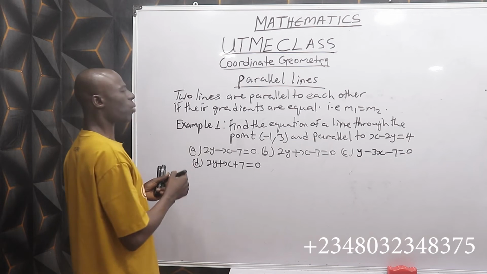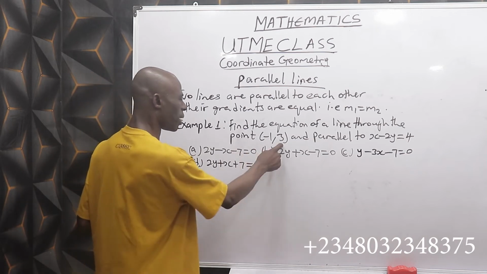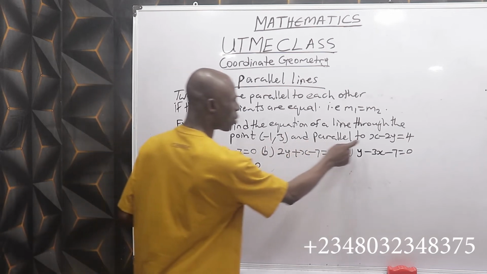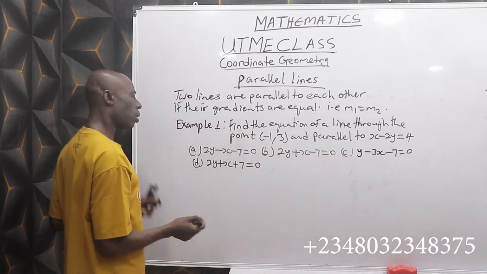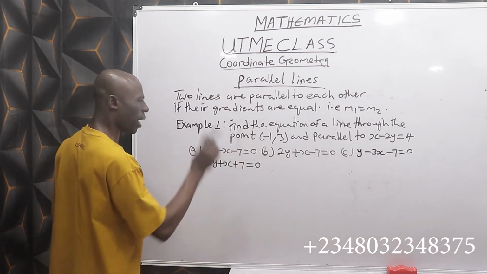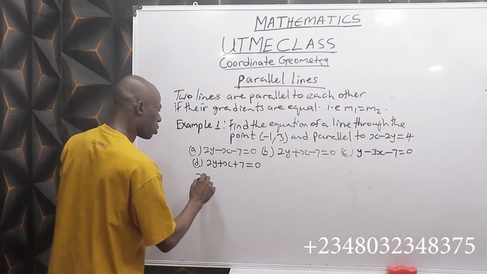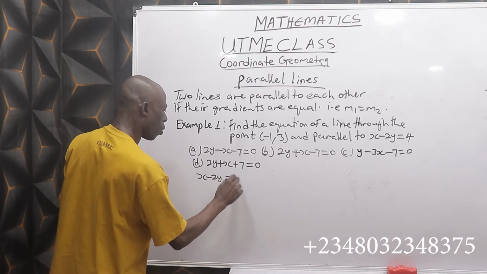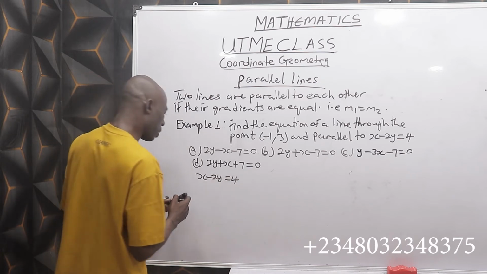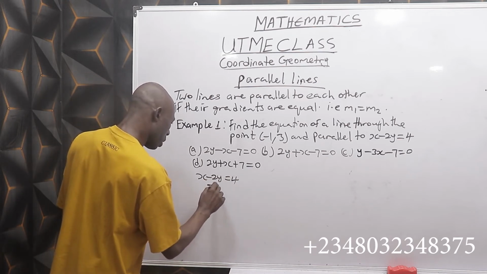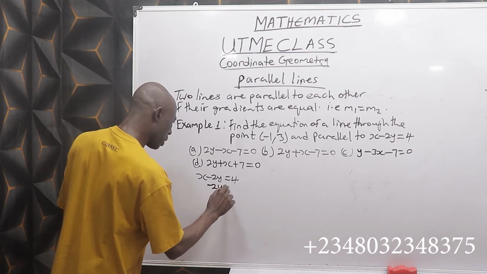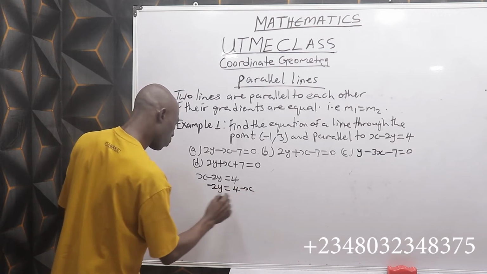Example 1. Find the equation of a line through the point and parallel to this equation. The first thing to do is to find out the gradient of the given equation. The given equation x minus 2y equals 4 has the gradient, let's find it out: minus 2y equals 4 minus x.